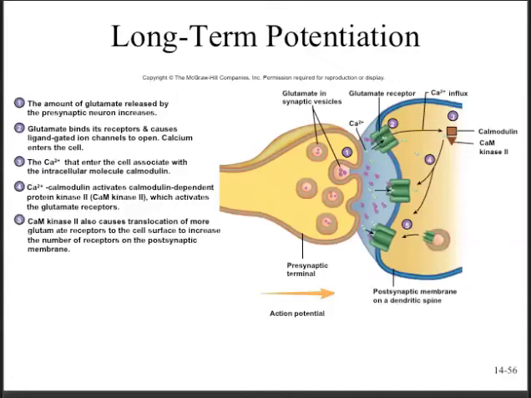And the CaM kinase 2 also causes translocation of glutamate receptors to the cell surface, and this increases the number of receptors on the postsynaptic membrane. The idea here then is that you've primed this region of the membrane to be more likely to fire in the event that it's chemically stimulated, because the concentration of these ligand-gated channels has gone way up.